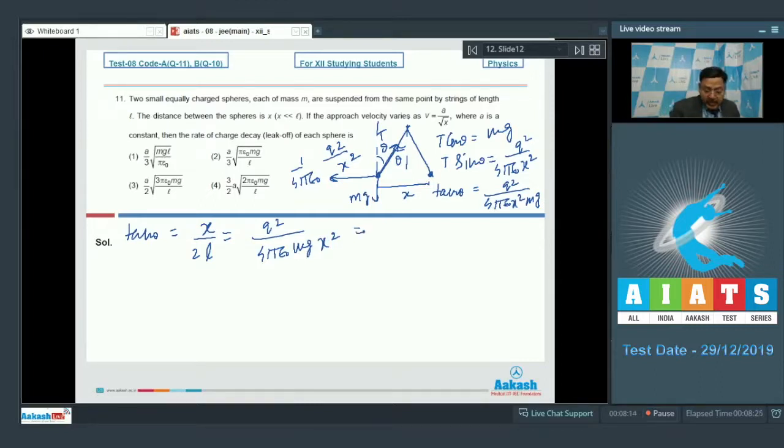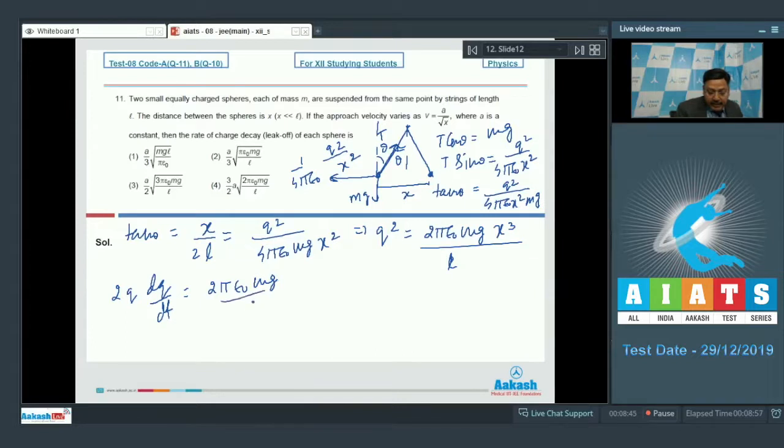So the expression for q square then is 2 pi epsilon naught mg x cubed divided by L, because this 2 is already taken care of. And if I differentiate both sides, I get 2q dq by dt equals 2 pi epsilon naught mg by L into 3x square dx by dt.